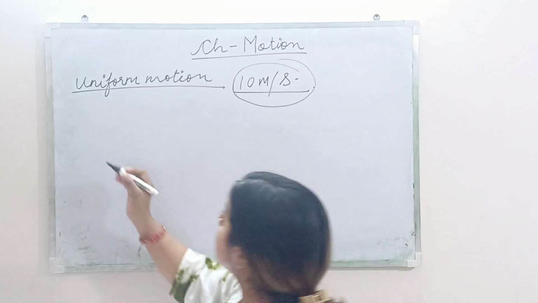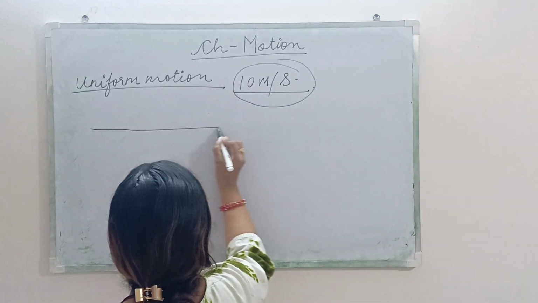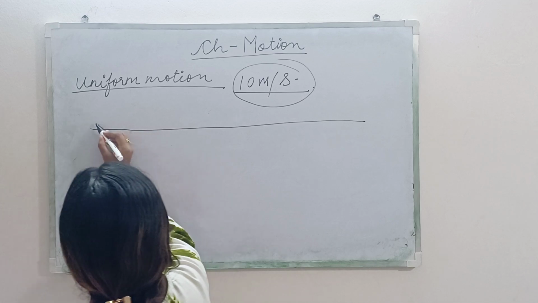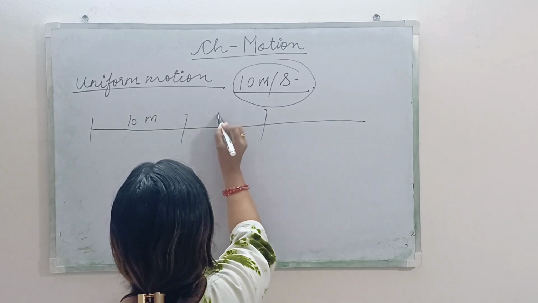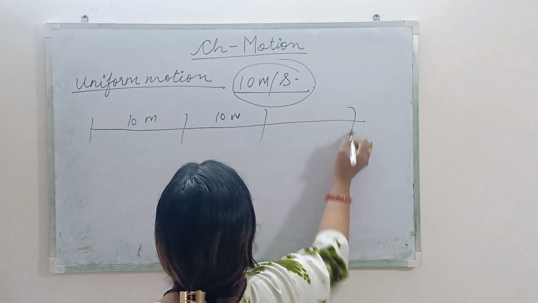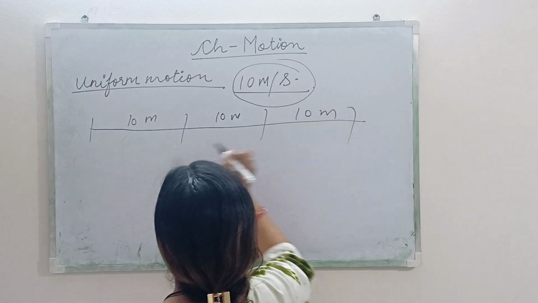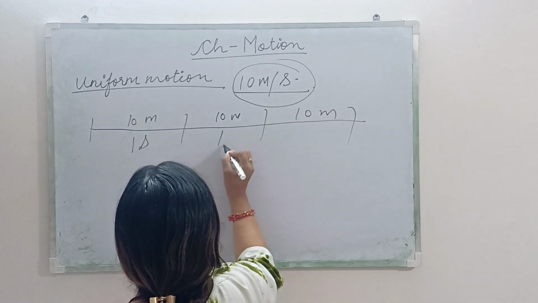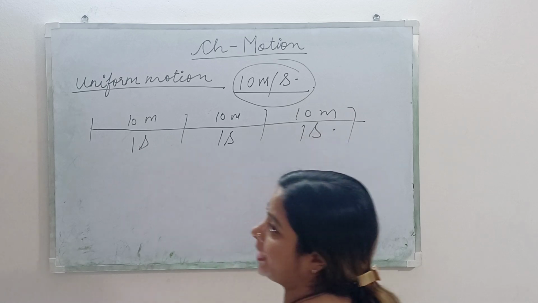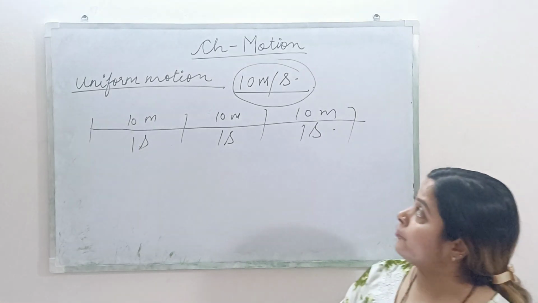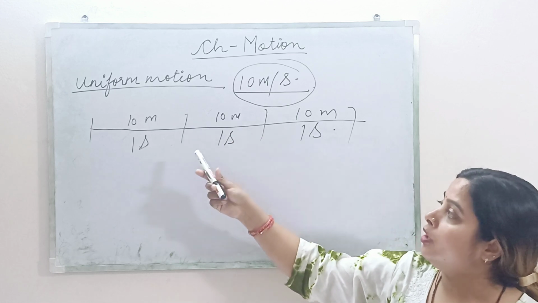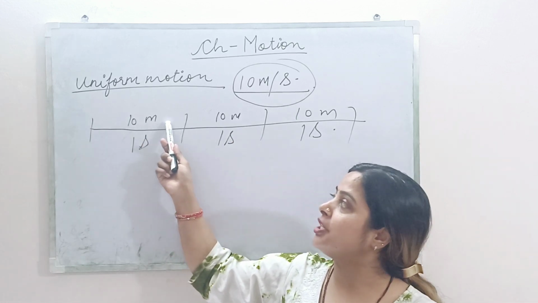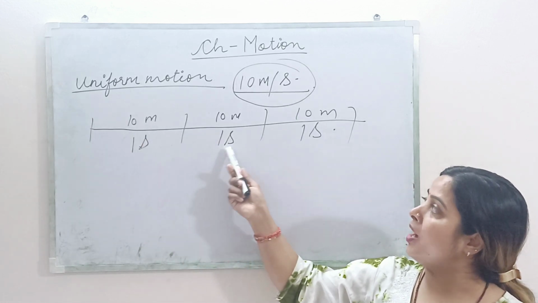So it means a body is traveling every 10 meter in each 1 second. Okay. If a body is having a constant speed of 10 meter per second, it means body is covering each 10 meter in every 1 second.